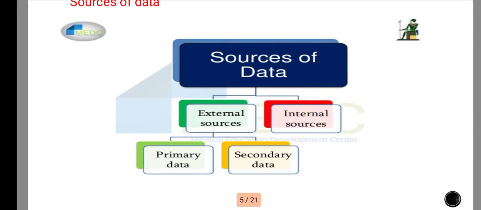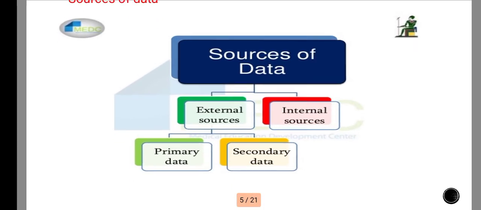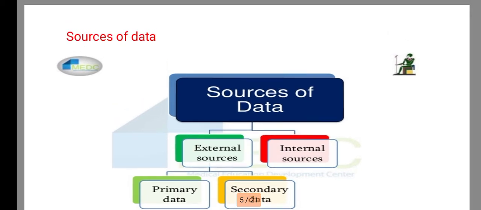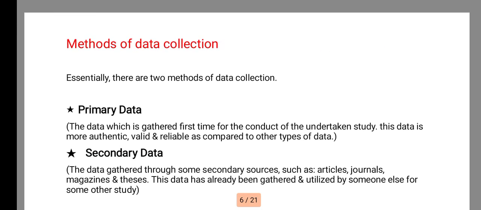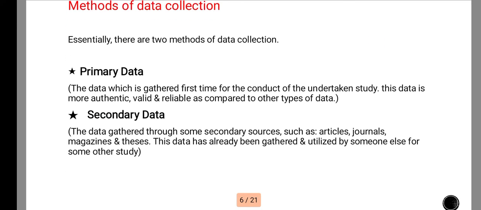So sources of data we will see. So external sources, internal sources, obviously yourself. And under external sources you will go for primary data and secondary data as well. We will discuss that in detail. So primary data refers to the data which is gathered for the first time, right?